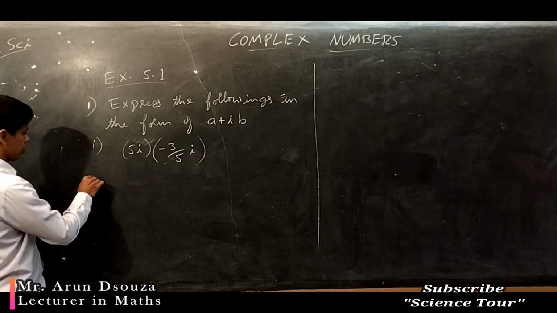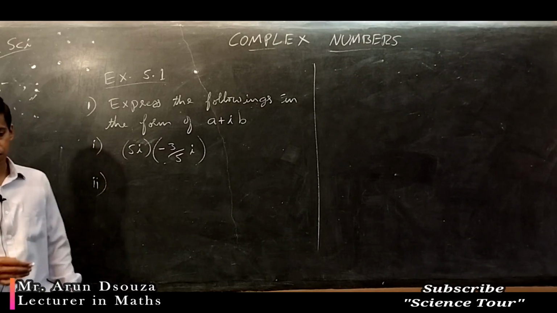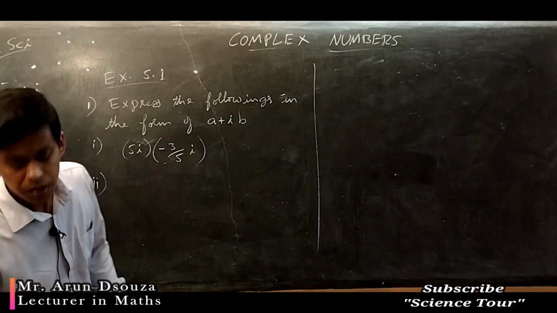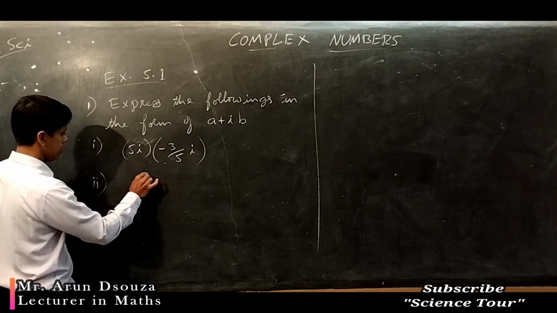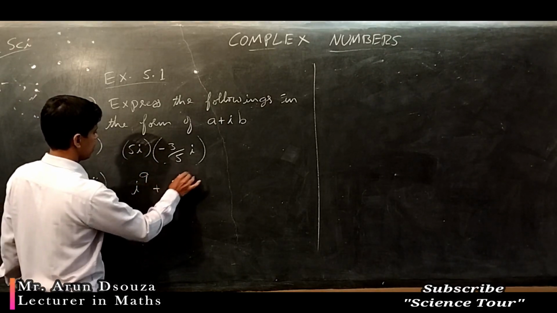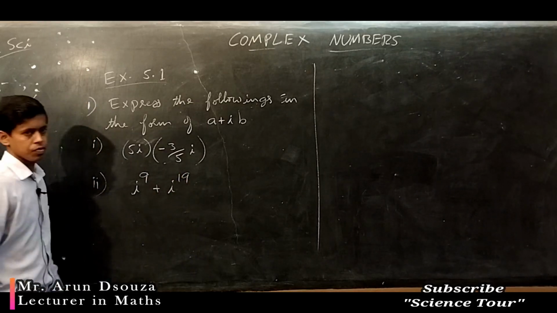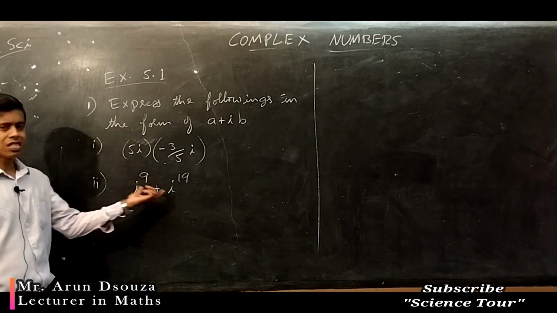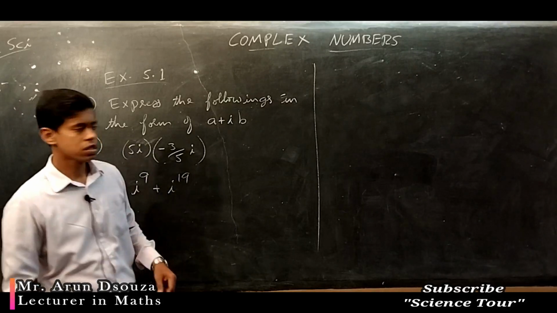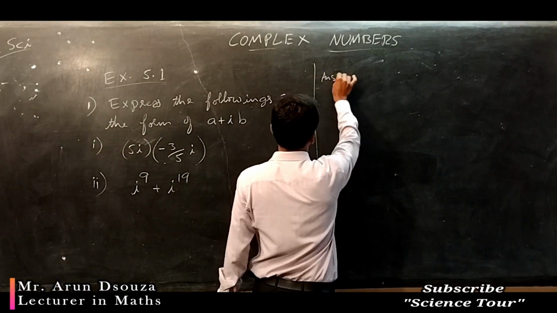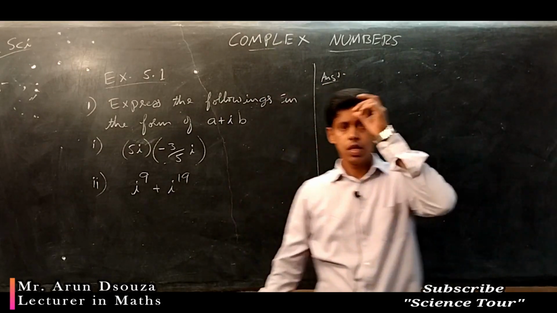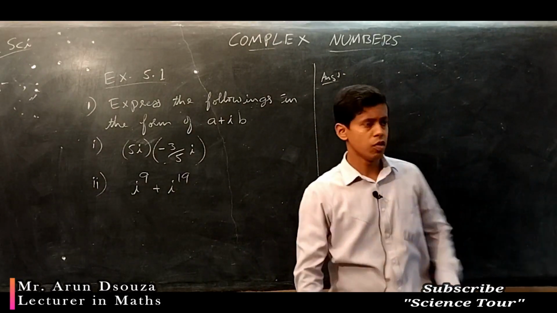Now the second problem is I to the power 9 plus I to the power 19. Let us simplify this. There are two methods. The first method is using the formulas. I'll write the formulas for you.